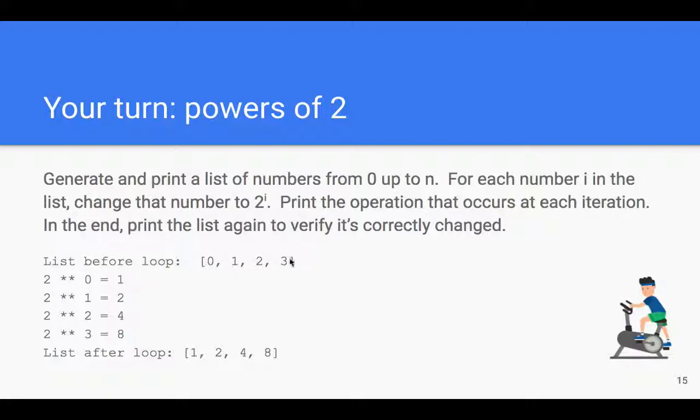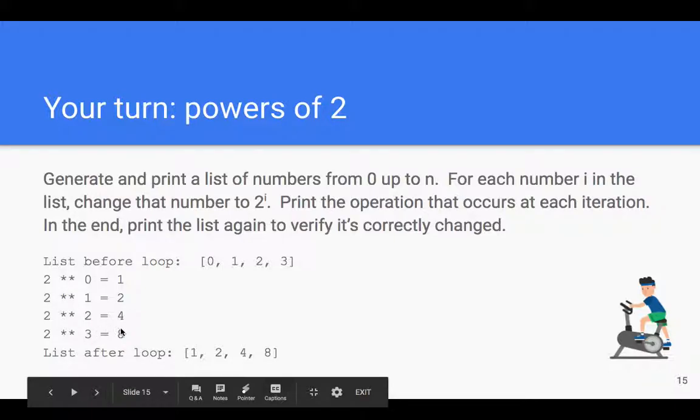So this would be an example for n equals 4, right? The list before the loop is 0, 1, 2, 3. Every step of the way, we raise 2 to the 0th power, 2 to the first power, 2 to the second power, 2 to the third power, so on. And then we print the result.